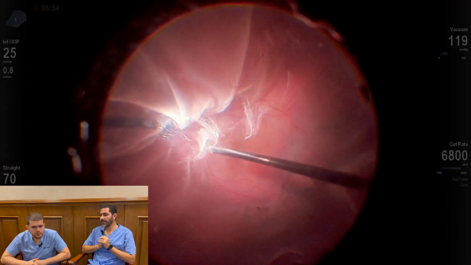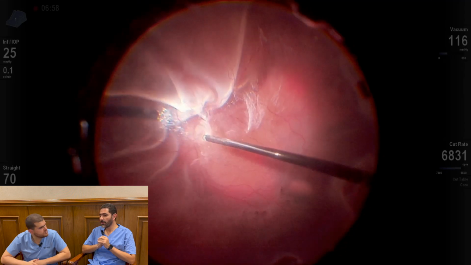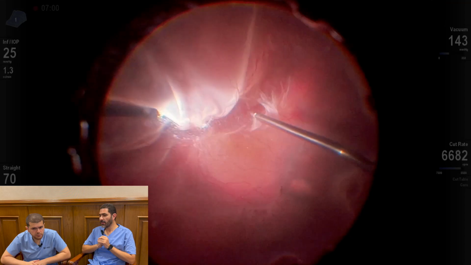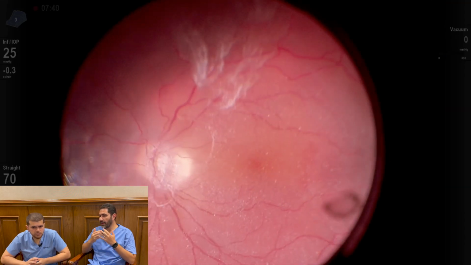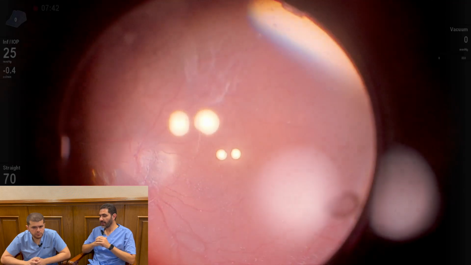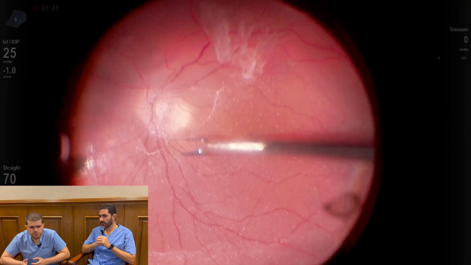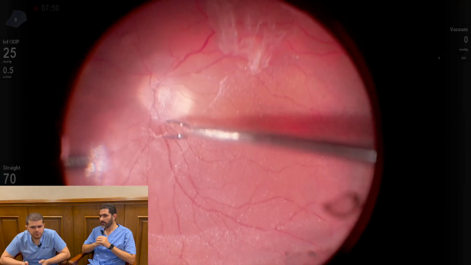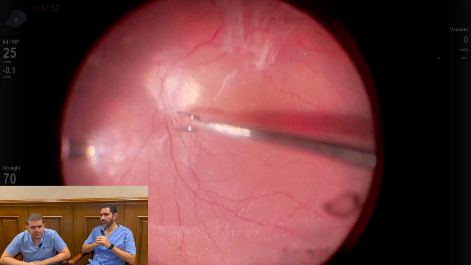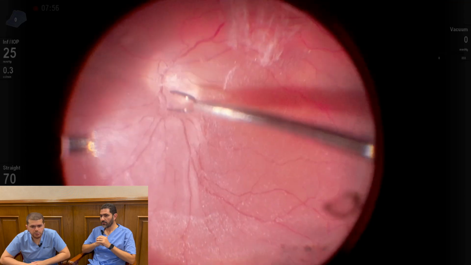This is an addition, but the multiplicity of the tears and some of them are radial, so probably are not due to a PVD or trauma or the regular cause of retinal detachments. Yes, that was my thought process at the time, but unfortunately, we don't have the available genetic testing, so we just have to assume it's a syndrome.